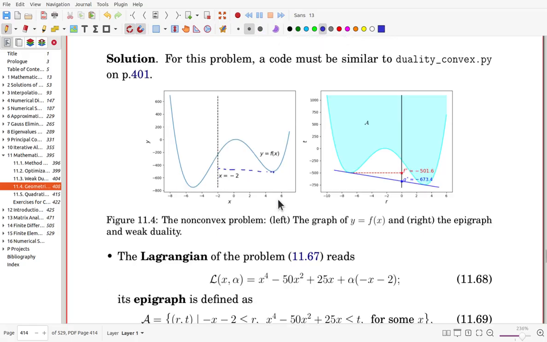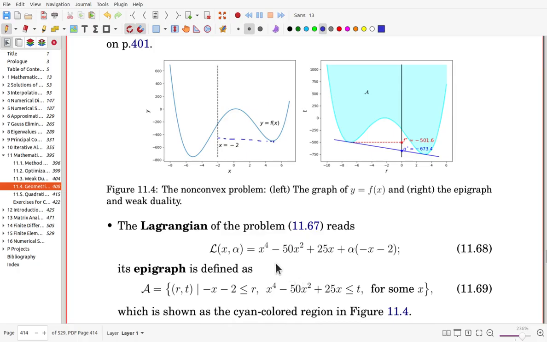You can see it. Now, for this problem, we define the Lagrangian in exactly the same way as for the convex problem. We try to go step by step. Now, that is the Lagrangian, and also we define the epigraph, f equal f. So we recheck that one for the inequality constraint. Now, r is the upper portion, and for the objective function, t is the upper portion, and the collection of r and t is the f equal f of the problem.